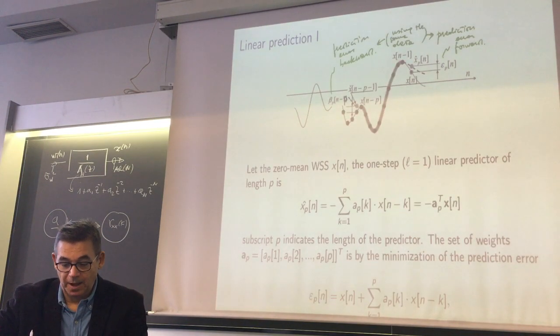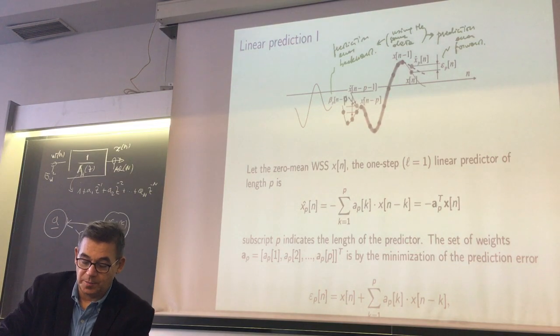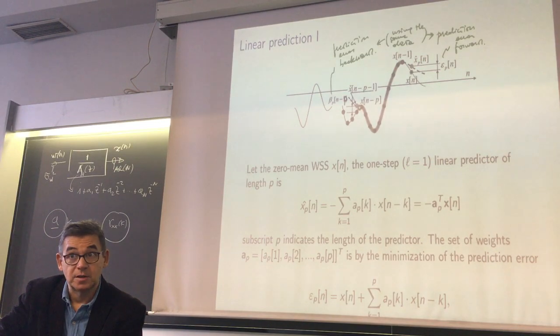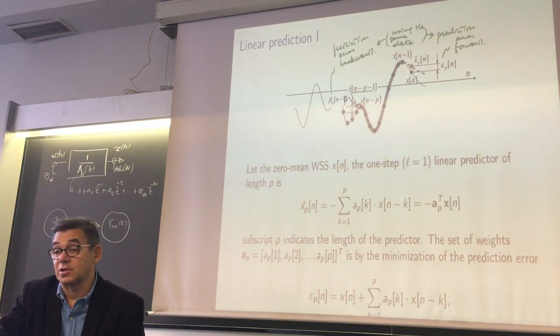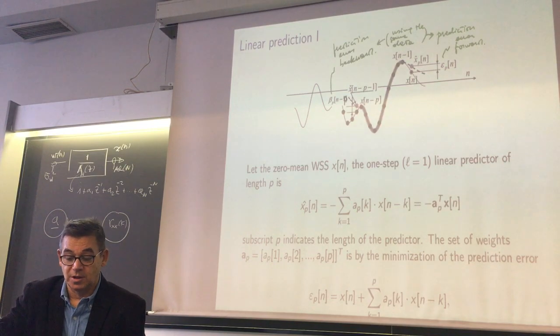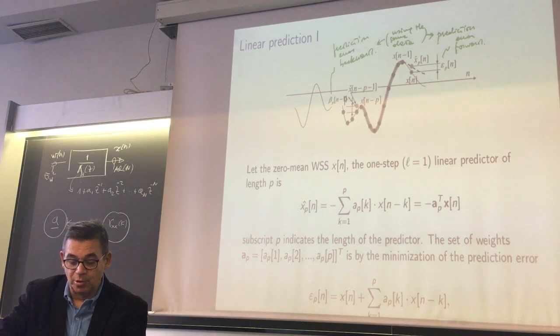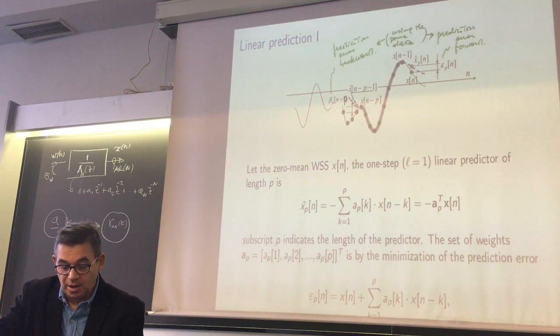What is the forward prediction? x hat p here. We saw it is a linear combination of all the samples from n minus 1 to n minus p, because it's a linear prediction. So I write it as a linear combination of x n minus k, where k goes from 1 to p. I'm taking all this data, multiplying by that, and summing.